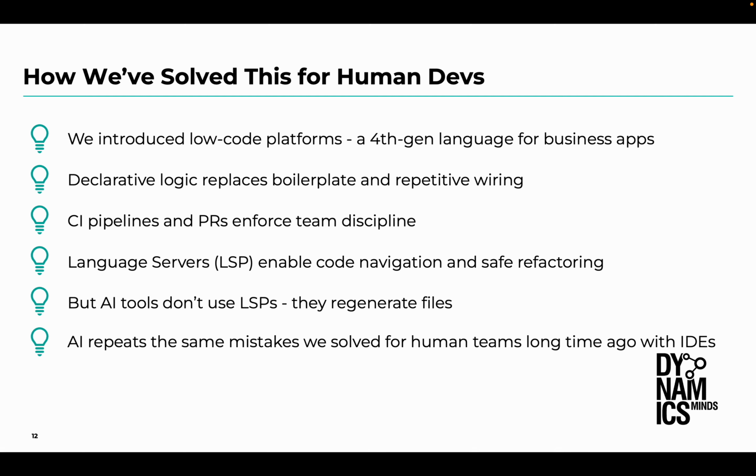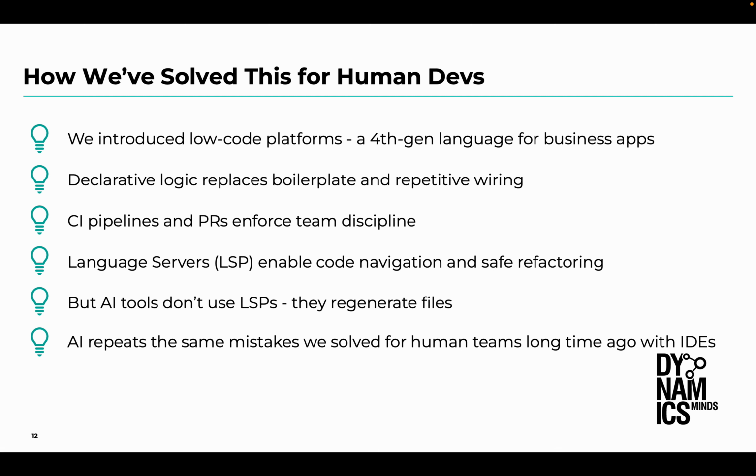So we introduced a low-code platform, which reduces the problem space quite considerably for inexperienced devs. We try to use declarative components, like creating a form XML for model-driven apps instead of writing the whole interface ourselves. We use pipelines and continuous integration to do code reviews and some peer programming practices.